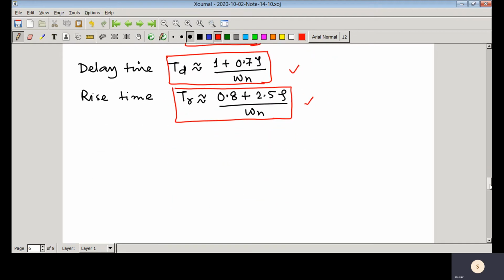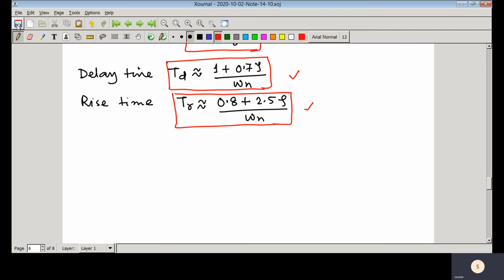Next we will discuss the qualitative responses for different values of zeta.